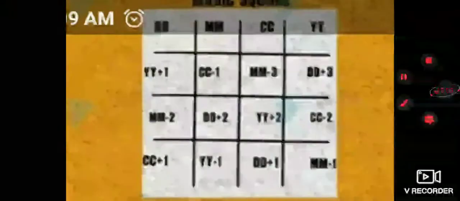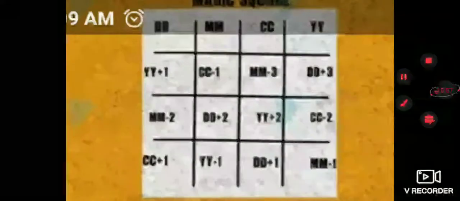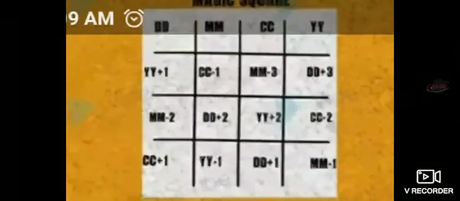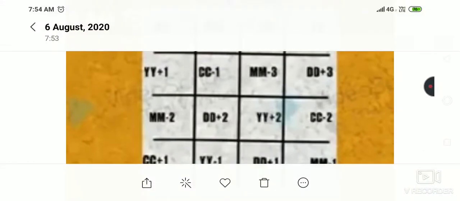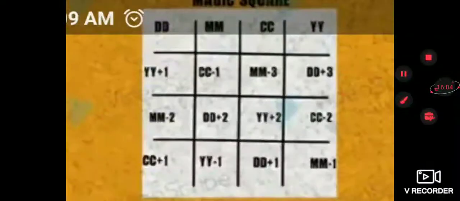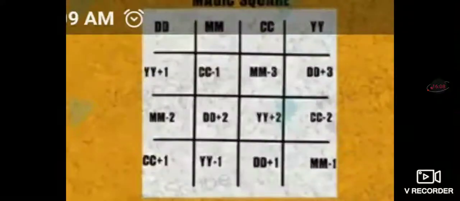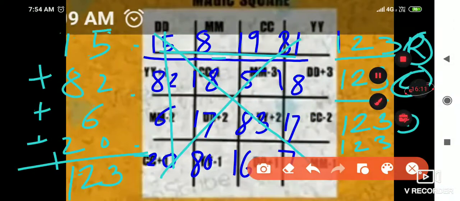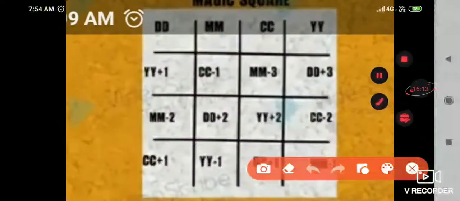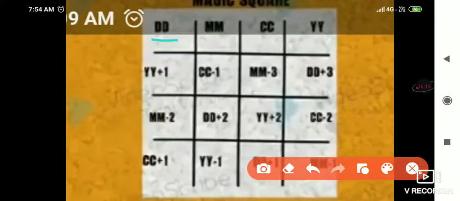Here the magic square trick is given. By using this trick, you have to make the magical square of your own birthday. Here DD is the date, MM is the month. So use this. I told you my birth date was 15 8 1981.